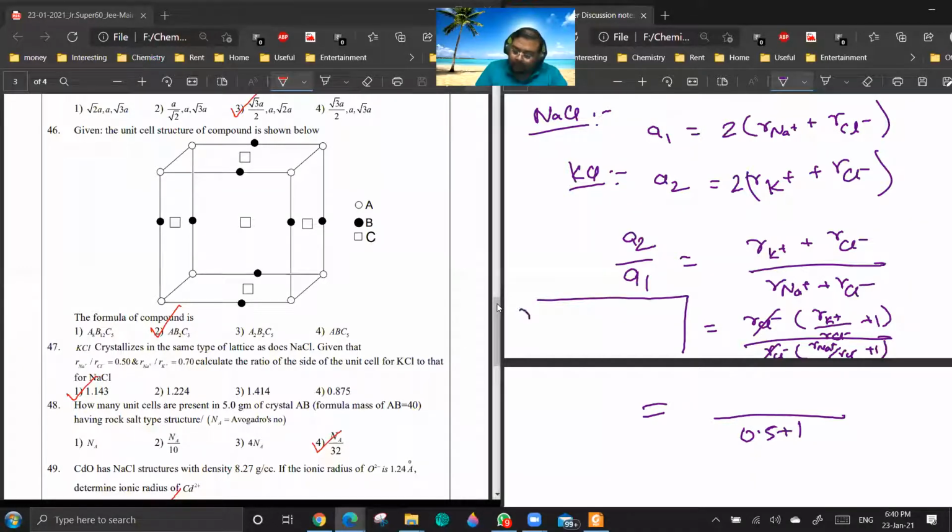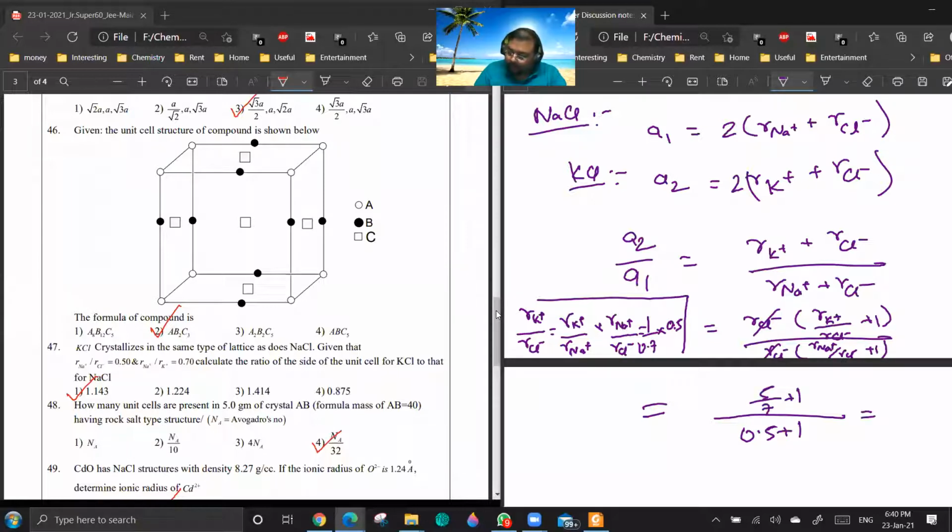R of K plus by R of Cl minus can be written as R of K plus by R of Na plus into R of Na plus by R of Cl minus. So R of K plus by Na plus will be what? 1 by 0.7 into R of Na plus by Cl minus, which is 0.5. It's 5 by 7 plus 1.